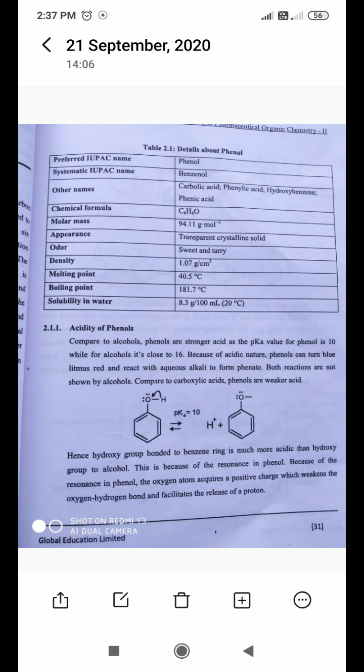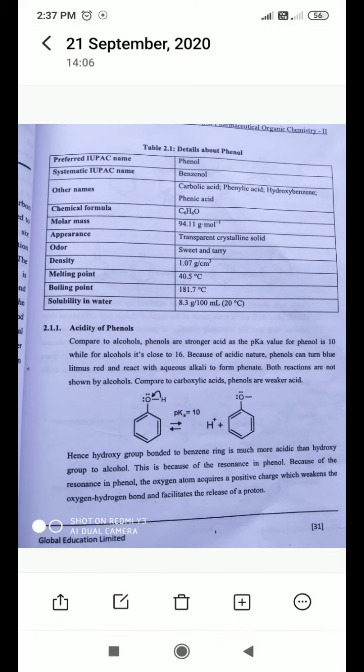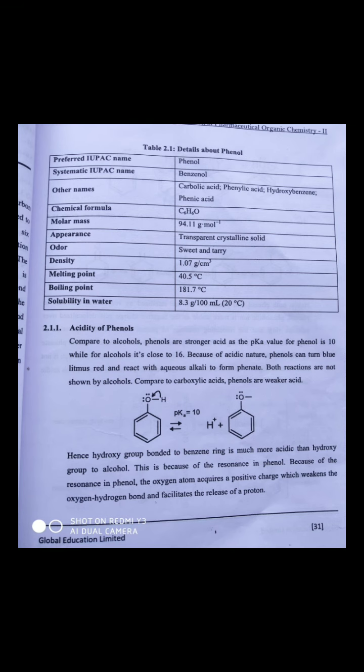The carbon-oxygen bond length is 136 pm. The carbon-oxygen bond length is slightly less than in methanol, which is 142 pm. So 142 pm in methanol is somewhat longer.